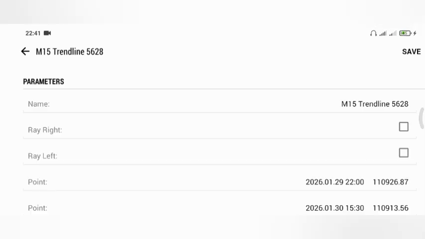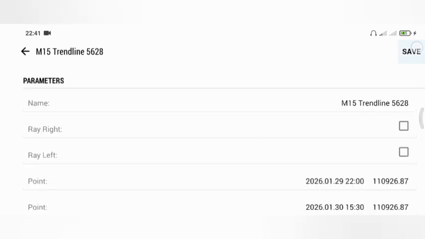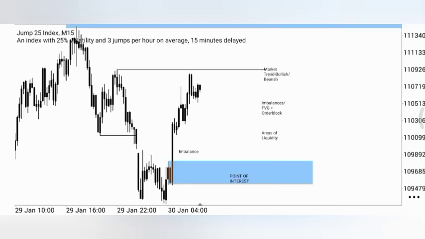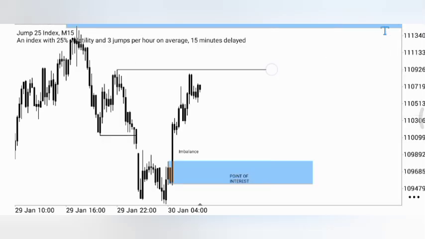These two lows. So this is our take profit.